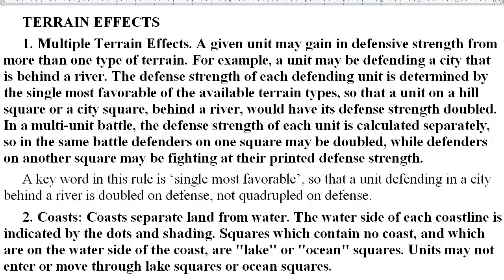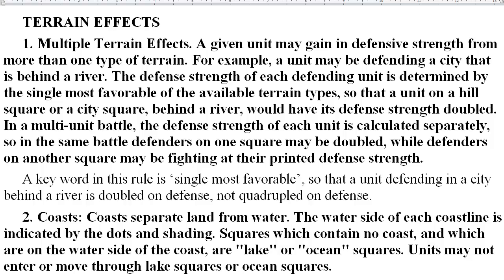The defender unit is strengthened by only one of the available terrain types. So, for example, if you are in a city or on a hill behind a river, the defender gets the benefit only of the terrain type that strengthens the unit the most. So defending units are never more than doubled because of terrain.